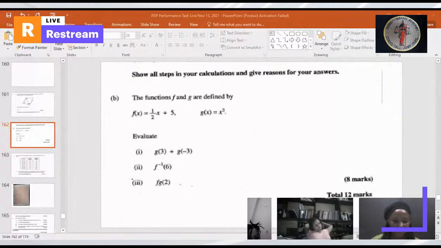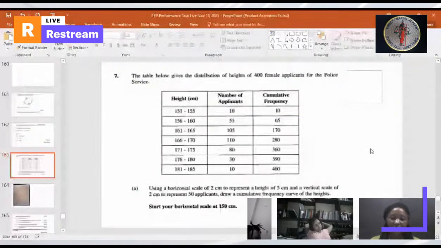So this one is a cumulative table, and it says, table A below gives the distribution of heights of 400 female applicants for the police service.